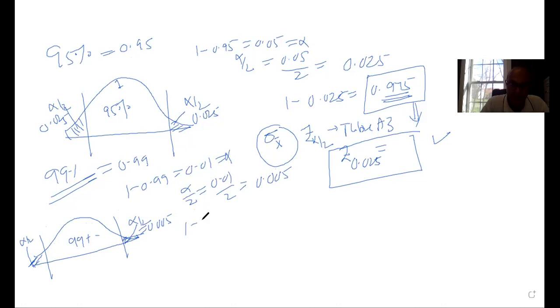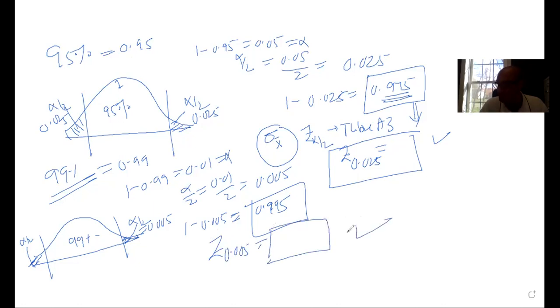Once you have this, 1 minus 0.005 is equal to 0.995. If you look at this value in the table, whatever value you get is equal to Z alpha by 2, 0.005. So that's how you can use your Z distribution table.